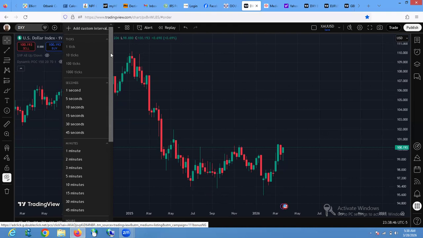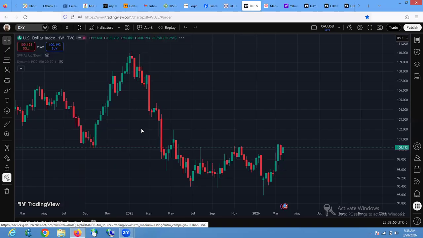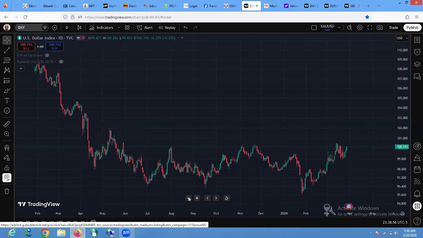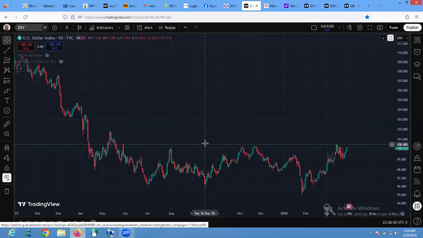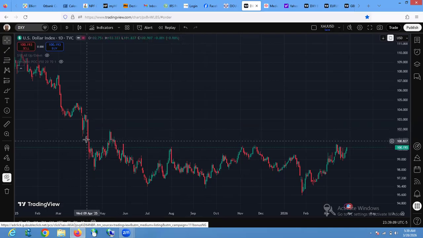Now on the daily time frame, let me zoom. So we said that this thing is not going to break here. This area here won't be a bad resistance.